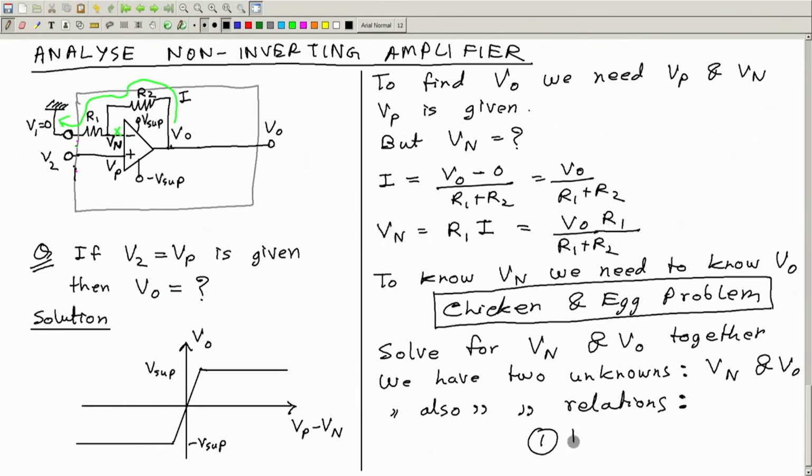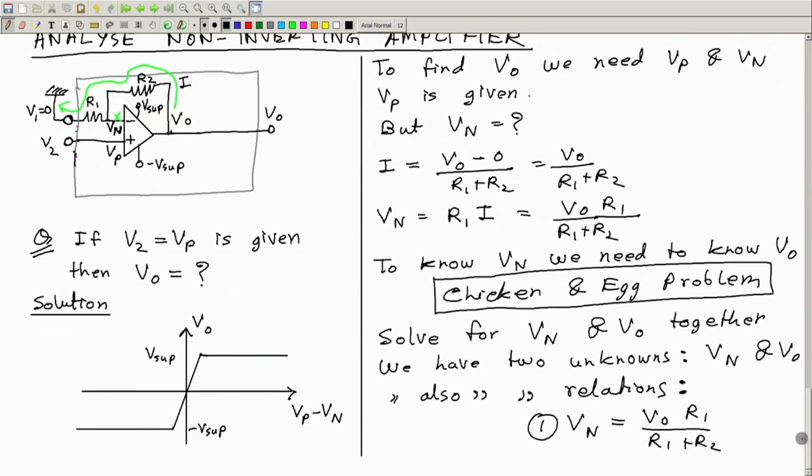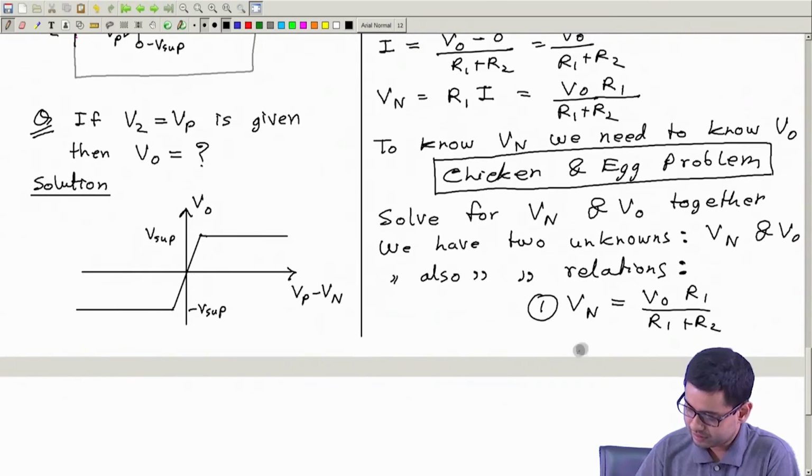Okay, so we can write Vn is equal to this Vo R1 by R1 plus R2, or you can also write it this way: Vo is equal to Vn multiplied by R1 plus R2 whole divided by R1.